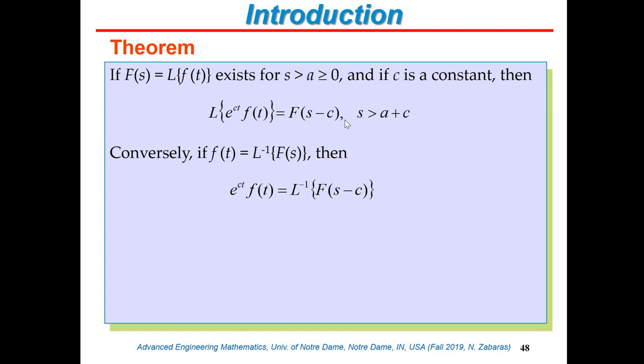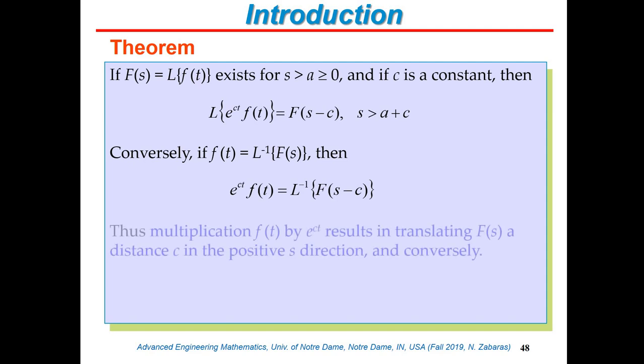In the Laplace domain, what you do is you shift the variable from s to s minus c. And the inverse, if you have to evaluate the inverse Laplace transform of F of s minus c in the time domain, this is the same as multiplying by e to the ct. So this is as powerful as the previous theorem.